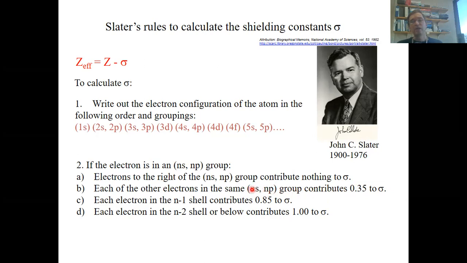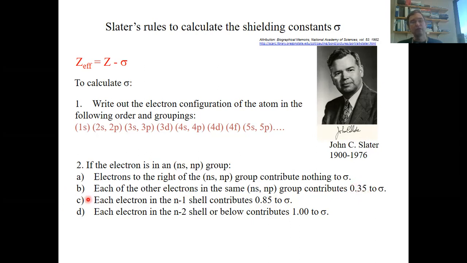These electrons have approximately the same distance to the nucleus as the electron that we look at. Therefore, we assume partial shielding of a full nuclear charge. A good approximation is to assume about 35% shielding of a full elementary charge, and that is equal to 0.35.